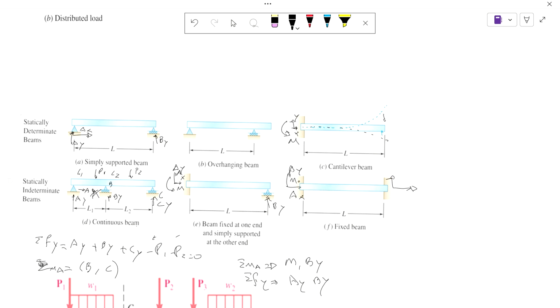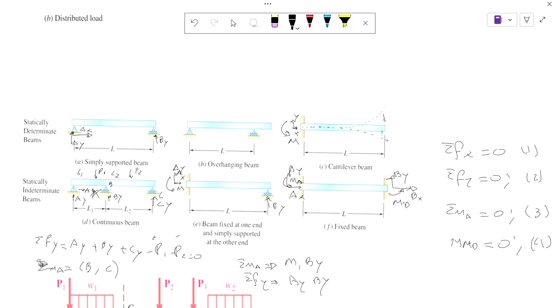Ay, moment at A, and then you have Bx, By, and moment at B. So you have 1, 2, 3, 4, 5, 6 unknowns for only 3 equations, because summation of forces in X equal to 0 is one equation, summation of forces in Y equal to 0 is another equation, summation of moments at any point equal to 0 is a third equation, and if you want, you can say there's a fourth equation at B equal to 0. So you have 4 equations, but you have 6 unknowns. Then this one is pretty tough.